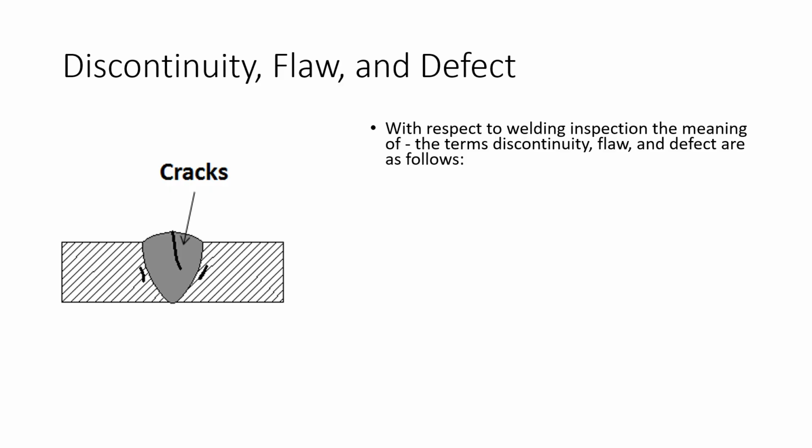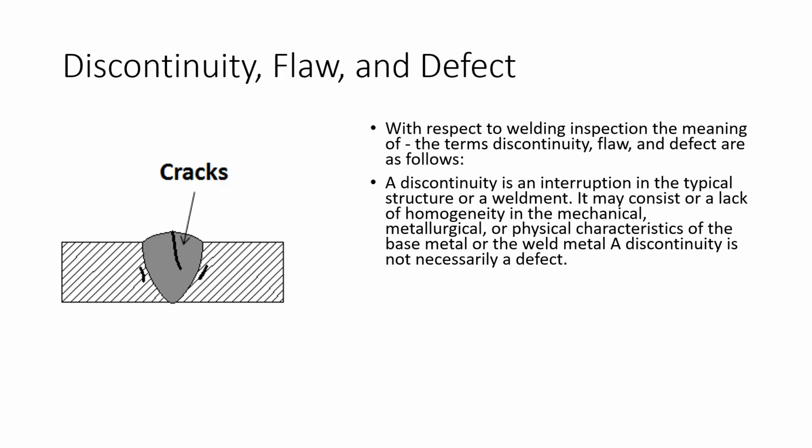So the words discontinuity, flaw, and defect. Within welding inspection, we've got the terms discontinuity, flaw, and defect. So here are some more definitions. A discontinuity is an interruption in the typical structure of a weldment. It consists of a lack of homogeneity in the mechanical or physical characteristics of the base metal or weld metal.